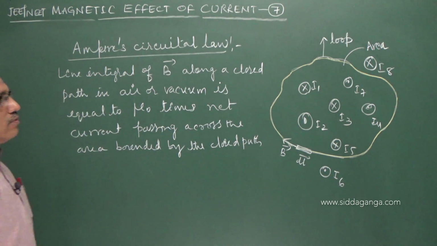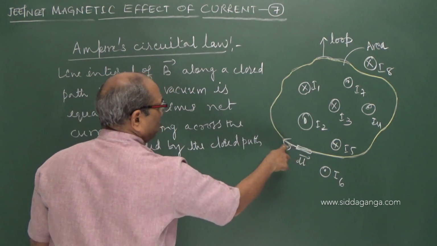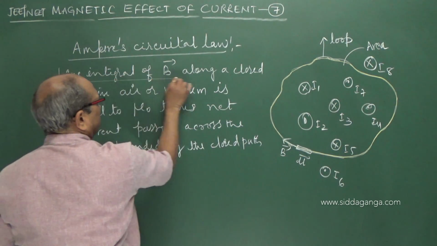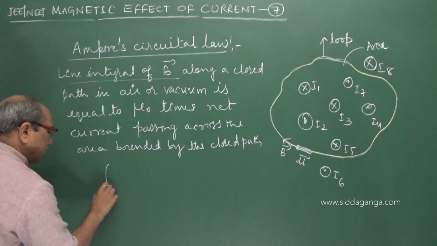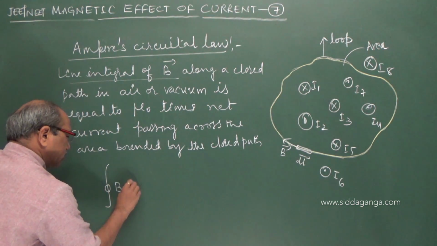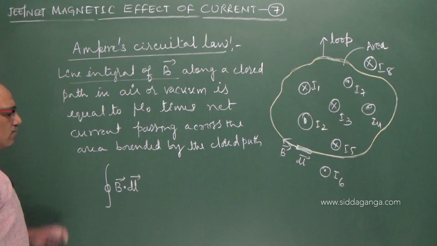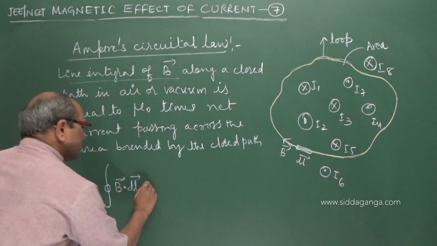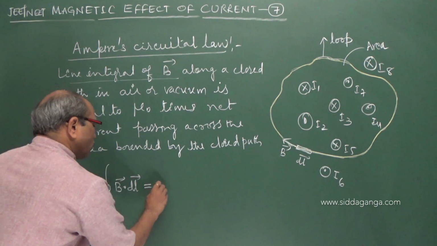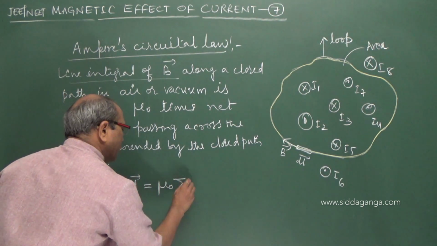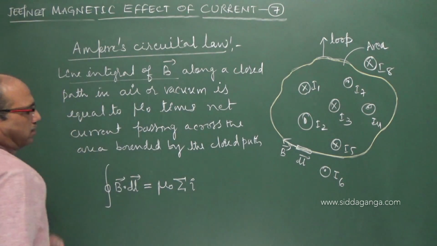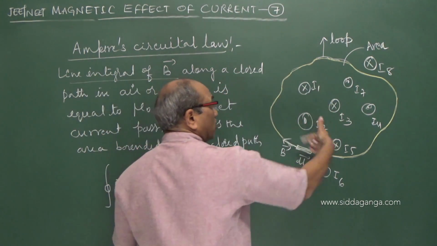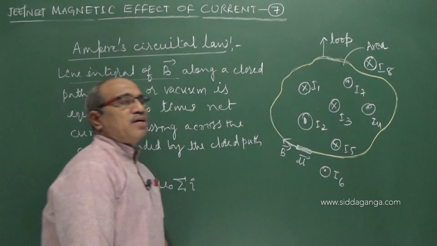In this statement, what is the net magnetic field along this loop? The line integral of the magnetic field I can show in mathematical form like this. The line integral of the magnetic field along this length, the closed path, in air or vacuum is equal to mu naught times the algebraic sum of the currents passing across the area enclosed by that closed path.